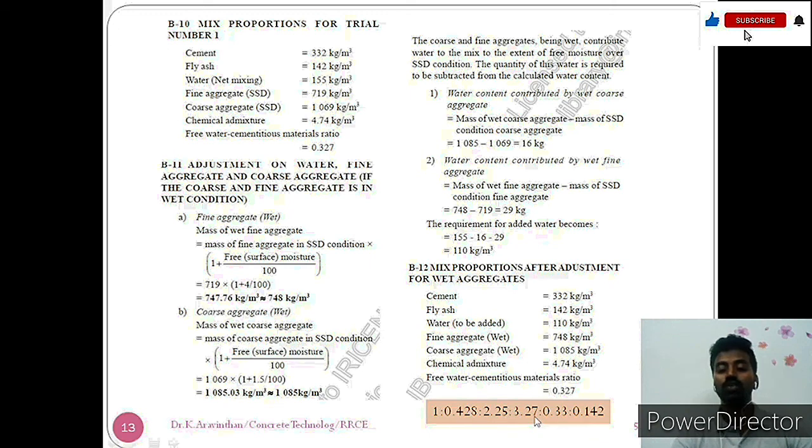So the mix ratio is 1:2.25:3.27, and the admixture has a range of 0.4 to 8, and the remaining things are the water cement ratio, the water content per unit weight of cement, and the last one is the chemical admixture which is being used. So these are the ranges in ratio in order to get the M40 grade concrete.